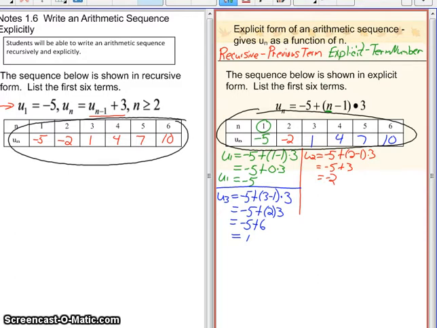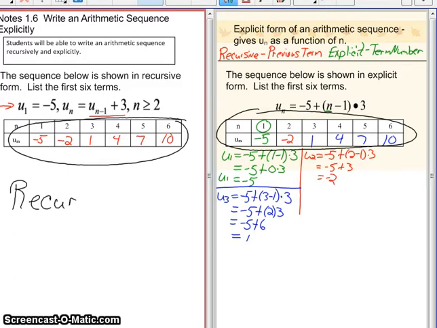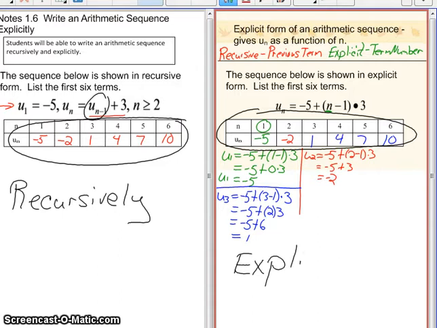So over here, we had a recursively defined formula, and it's recursive because it was defined in terms of u sub n minus 1, the previous term. Here, we have an explicit formula, and it's explicit because we use the term number n. They both gave us exactly the same sequence, and they're both the exact same arithmetic sequence.